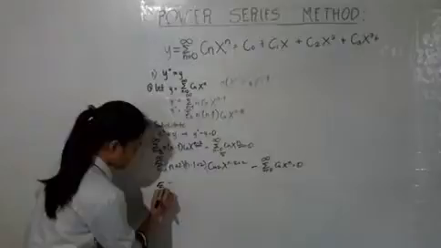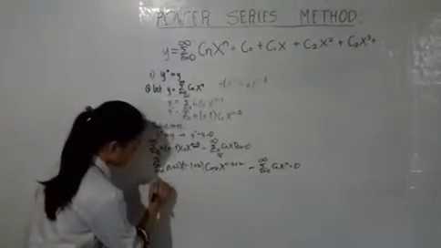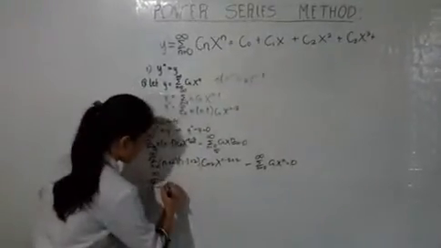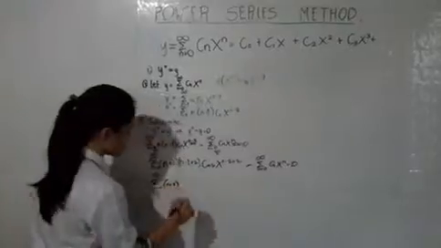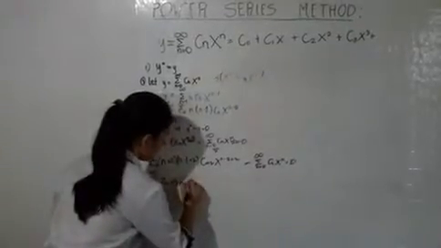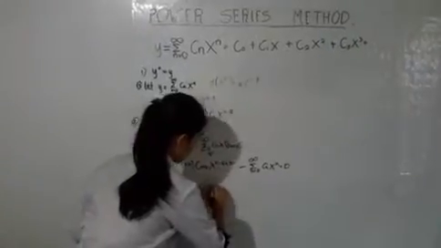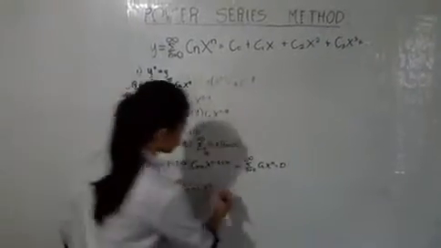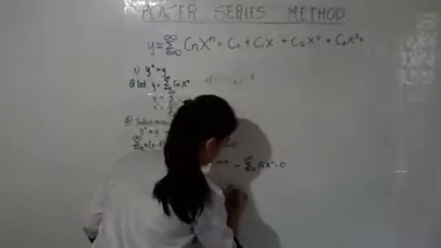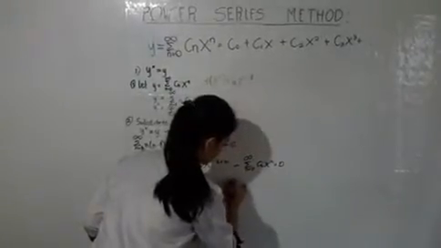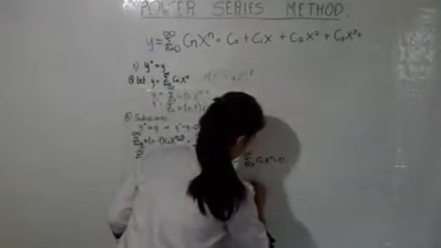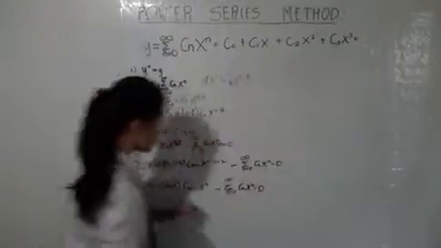Simplify, we have the summation of n equals 0 to infinity of (n plus 2)(n plus 1) c_(n plus 2) x^n minus the summation of n equals 0 to infinity of c_n x^n is equal to 0.